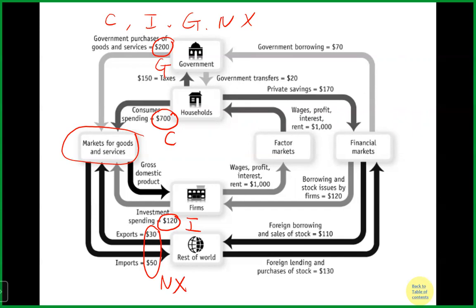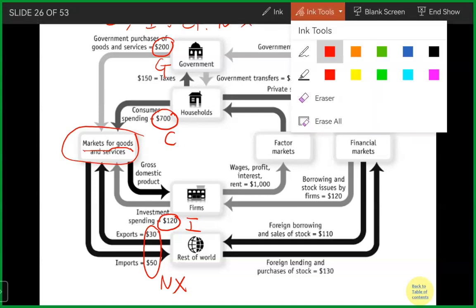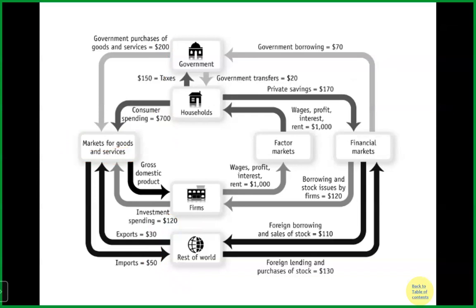Actually, this kind of exhausts all the arrows that come in and come out from the market for goods and services, right? If you add them together, it should be simple. I believe $1,000. Okay, now erase. Are we good? Okay. Now we erase and go to the second approach.